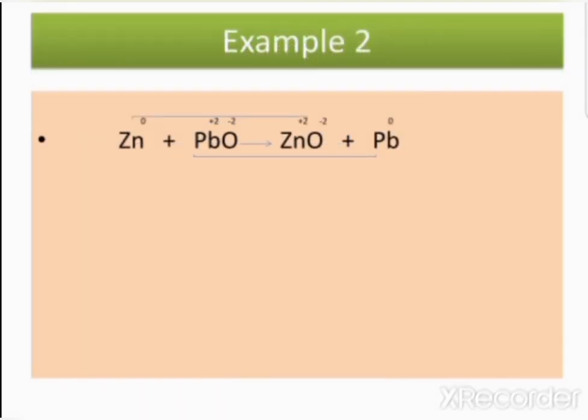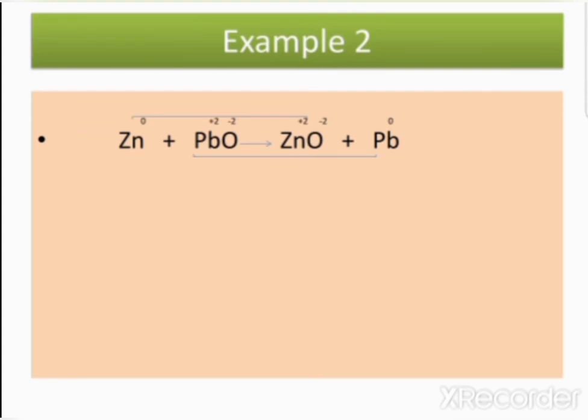Example 2. Zinc reacts with lead oxide to form zinc oxide and lead. To identify the oxidizing and reducing agent in this reaction, we will first work out the oxidation states of all the elements involved in the reaction.